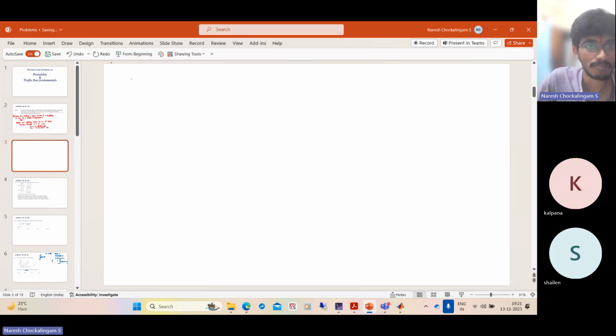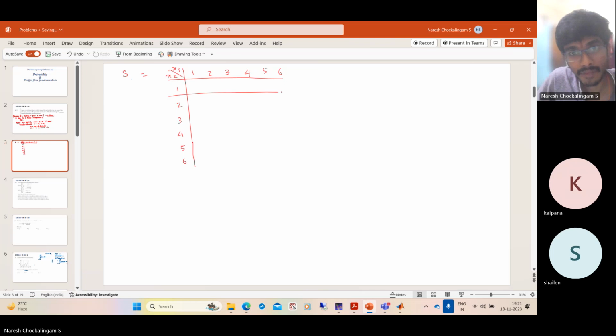Let us construct the sample space of this dice. So the sample space S is equal to, what are all the possibilities? We can have X1, X2. X1 can be 1, 2, 3, 4, 5, and 6. X2 can be 1, 2, 3, 4, 5, and 6.